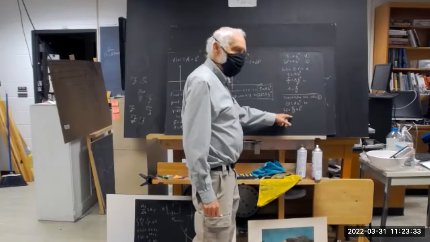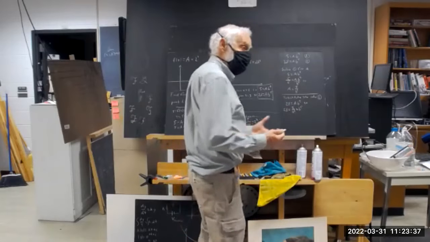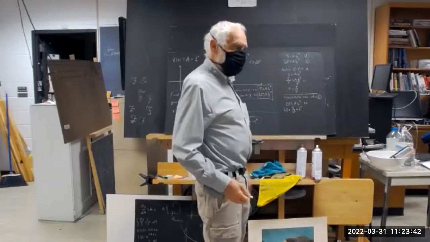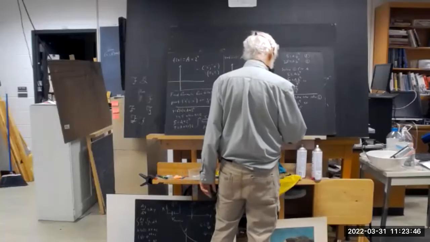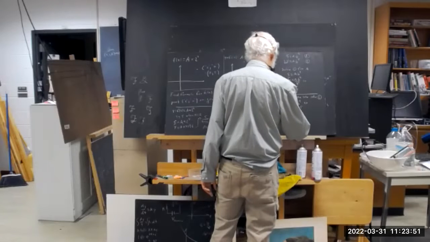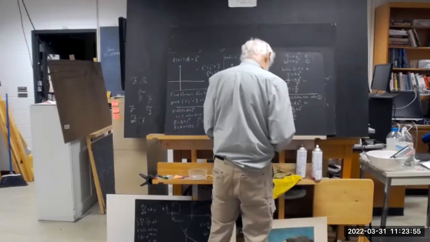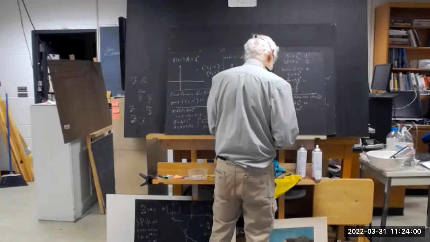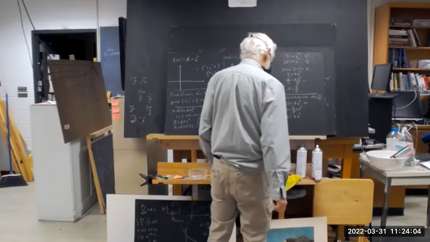Well, b to the 5th over b squared is b cubed, if you understand the laws of exponents, and if you don't, email me. I'll tell you where to look for something to review. So you get 28 equals 5b cubed.